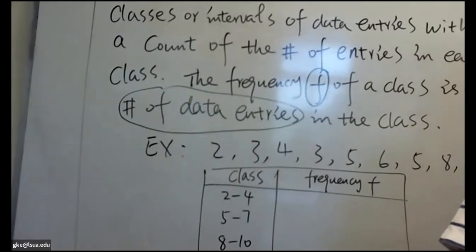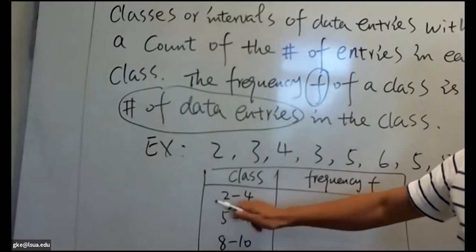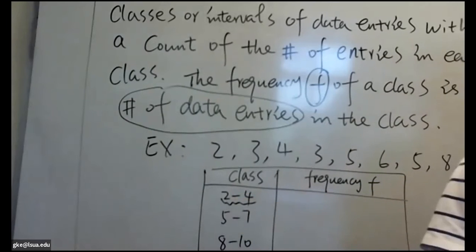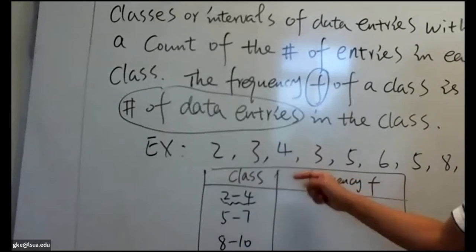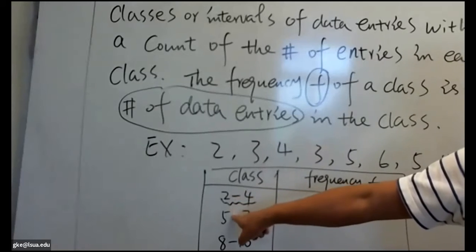So let's take a look. The first class, from 2 to 4. Let's check how many entries, how many numbers, are inside this class.